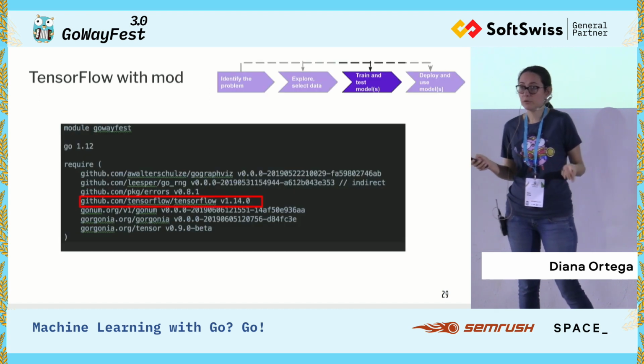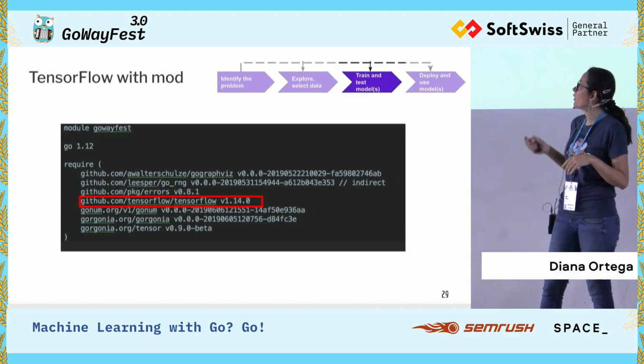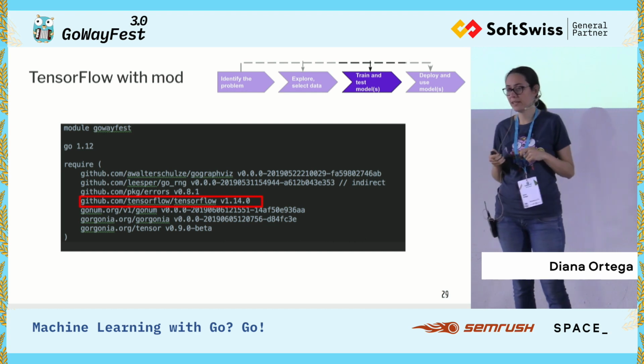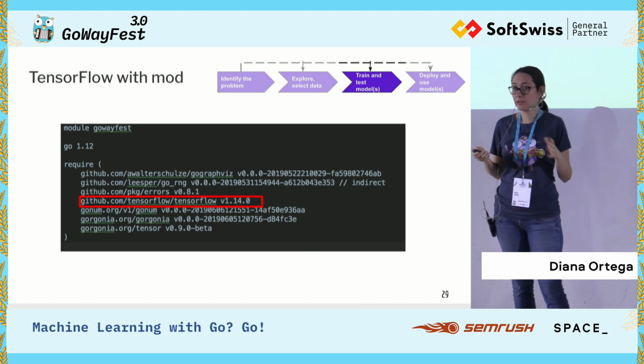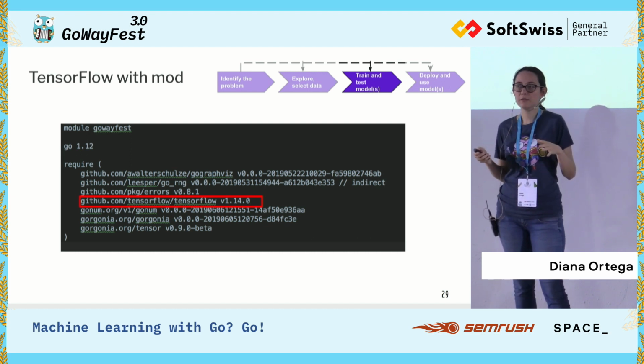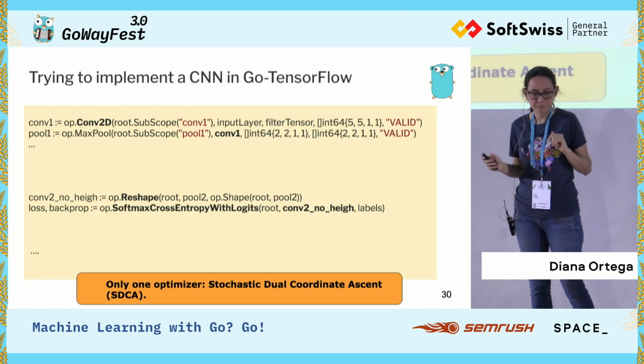The first thing I do is in my Go modules, I import TensorFlow, and I have the last version of the libraries, TensorFlow 1.14. It means we are working with TensorFlow 1 something. But it's okay, it should work.